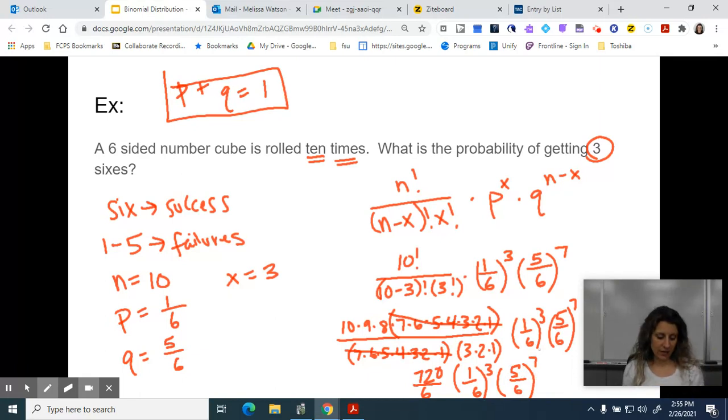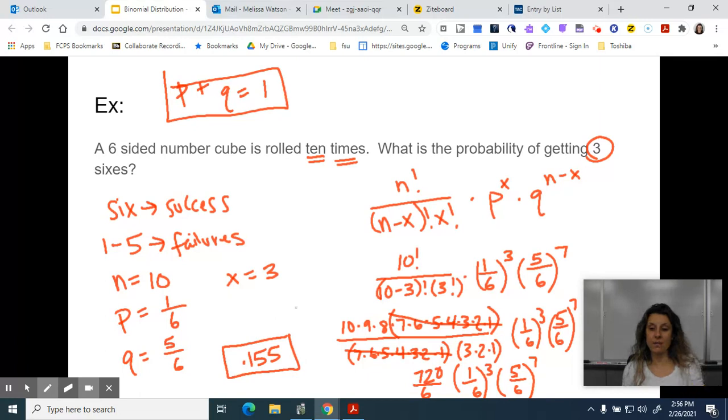I'm going to go ahead and do that. And I get 0.155 as my final answer. Ooh, sorry, I'm out of room there. 0.155.